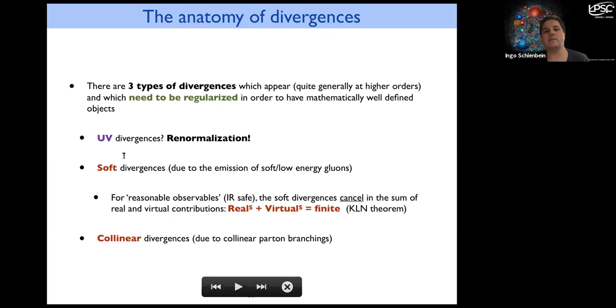UV divergences are treated by a procedure called renormalization that leads to the renormalization scale dependence of alpha S. Soft divergences: for reasonable observables, real soft plus virtual soft is finite due to the KLN theorem. And the collinear divergences due to collinear branchings have to be treated by another procedure, which is very similar to renormalization. And this procedure is called mass factorization.